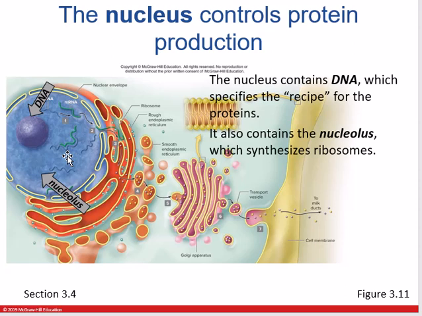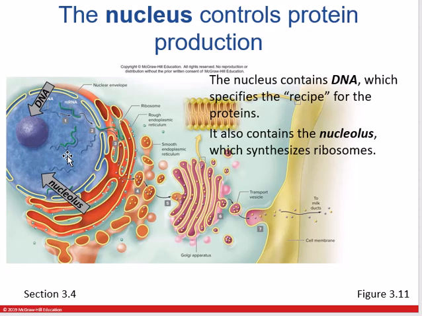Everything outside the nucleus is in the form of cytoplasm. What is cytoplasm? If this is the cell, and this is the nucleus in the middle of the cell, this part here is all cytoplasm. It's the fluid that's between the nucleus and the cell membrane.